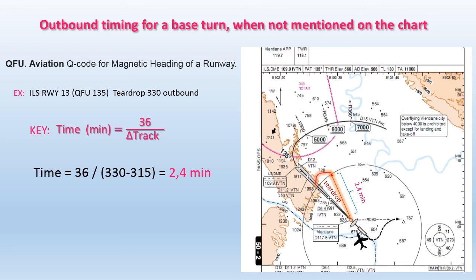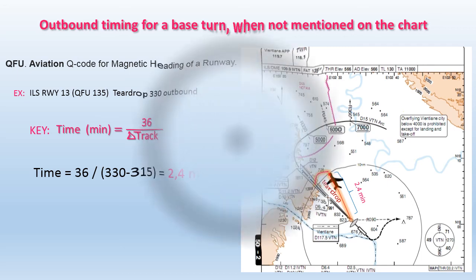I think this one is really good for you when you apply it to some approach chart that does not mention the outbound for the base turn. The aircraft flies over the station and outbound for 2.4 minutes and then makes a base turn to join final. I think you should check whether this one is accurate by yourself when you have a chance or opportunity.